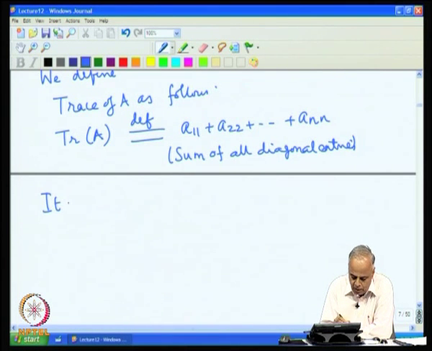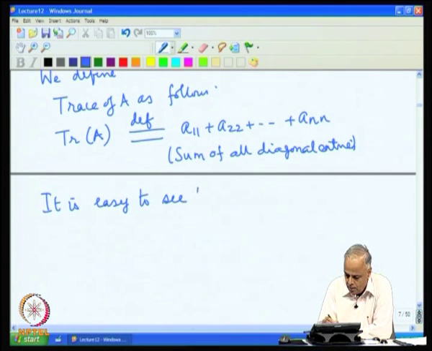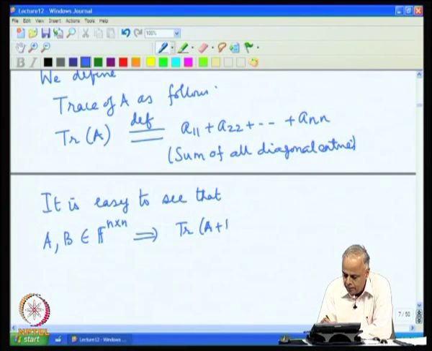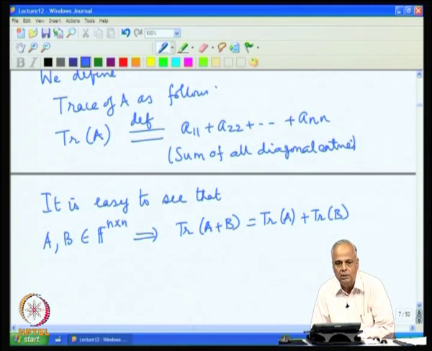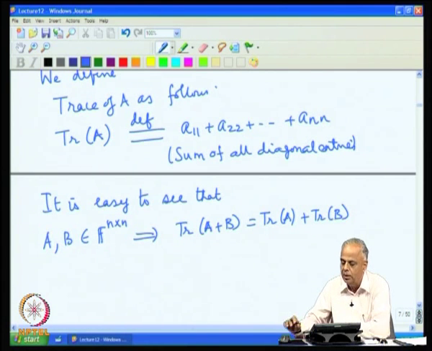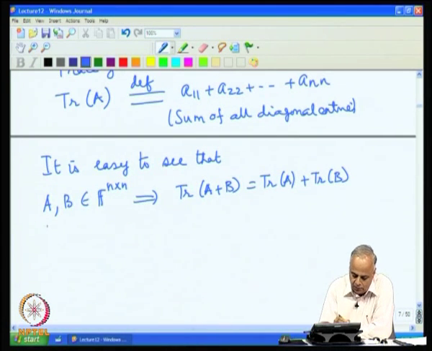It is easy to see that if we take two matrices A and B in F n cross n, then the trace of A plus B is the same as trace of A plus trace of B. This is because when you add two matrices, the diagonal entry of the sum is the same as the sum of the corresponding diagonal entries.